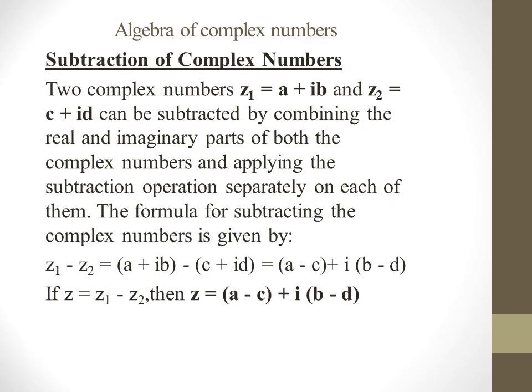The formula for subtracting the complex numbers is given by z1 minus z2 is equal to a plus ib minus c plus id, that is equal to a minus c plus i into b minus d. Therefore, if z is equal to z1 minus z2, then z is equal to a minus c plus i into b minus d.